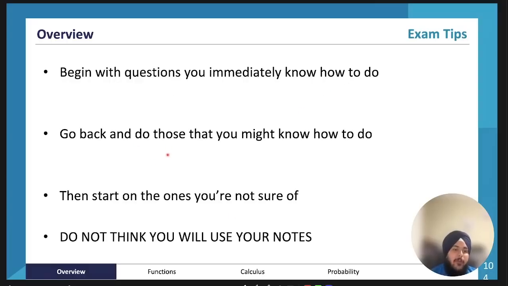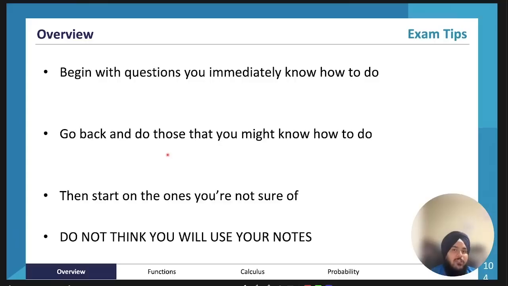In terms of preparation as well, the tip that I usually give to all my students is really try to familiarize yourself with the exam structure, and that can happen when you're doing a lot of practice questions and practice exams, especially for math subjects. Probably not for humanities subjects, but definitely for maths methods and any other math subjects that you might be doing.